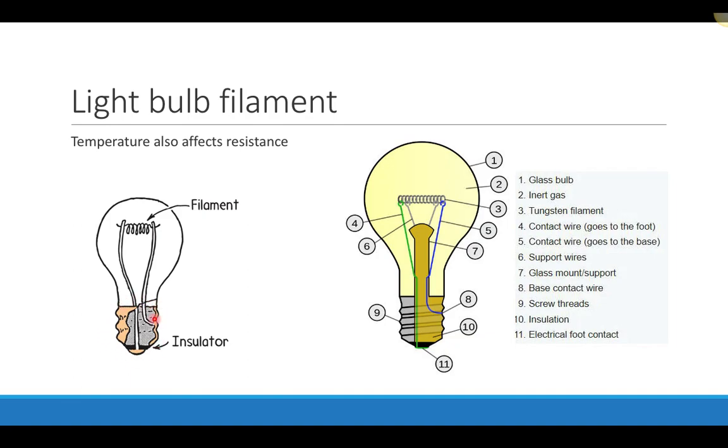If all of this was just a conductor, there would be nothing to force the electrical charge to go up through the filament and come out the side. So that insulator is actually very important. The way that the light bulb is made is important so that you can actually get electricity to go up through the filament. The actual bulb itself, the glass bulb, is really just protective. It's just trying to protect the filaments inside from breaking.